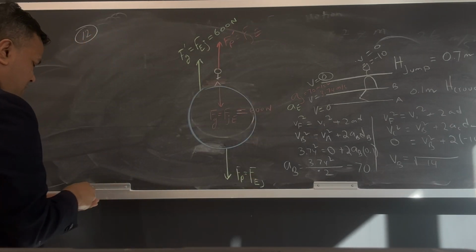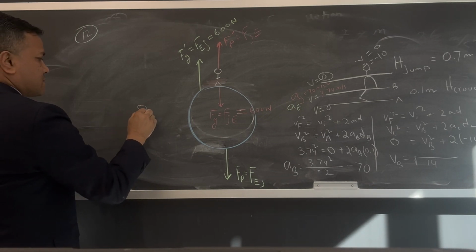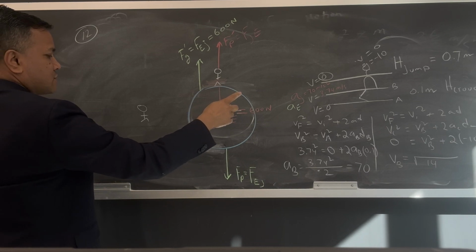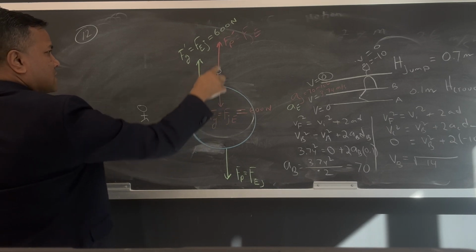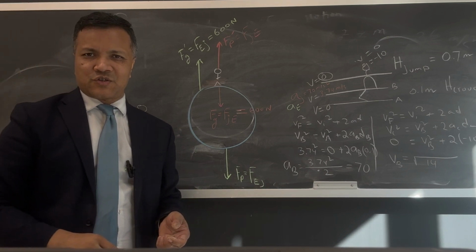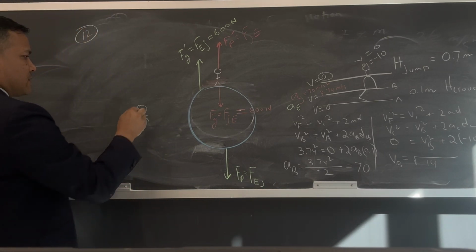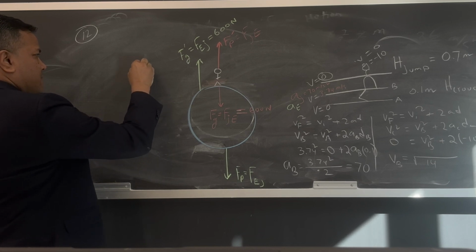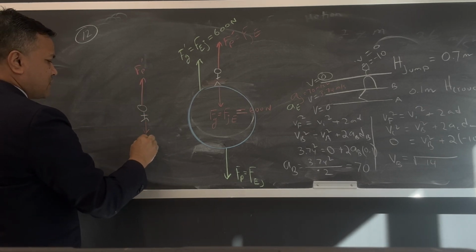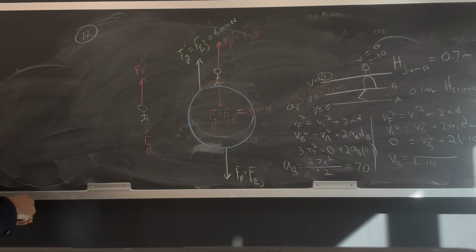Now let's separate them. Let's draw Josh. Only the red vectors are responsible to send Josh to the air. This red vector is F push, and this red vector is Fg. That's it. That's all you need to know.